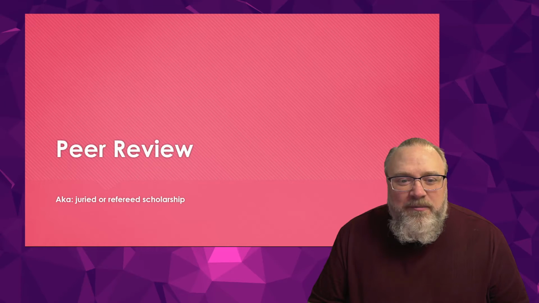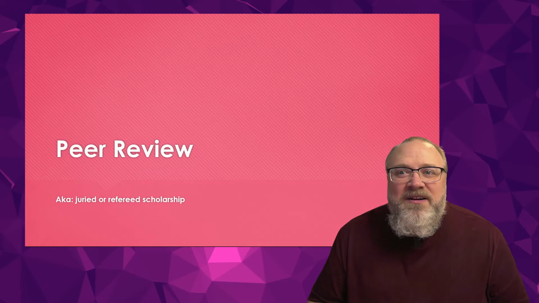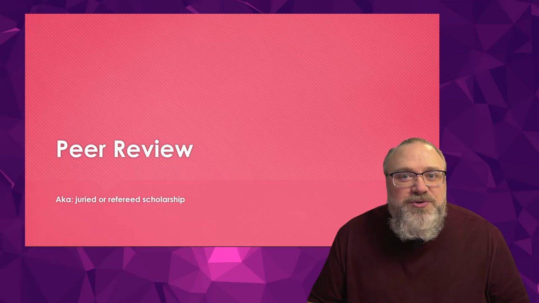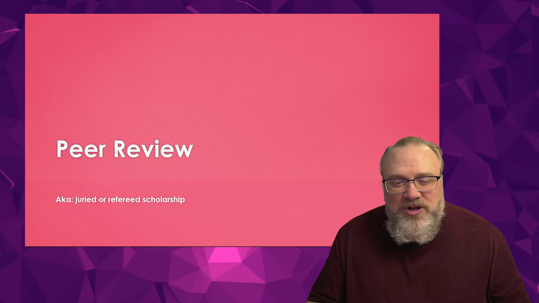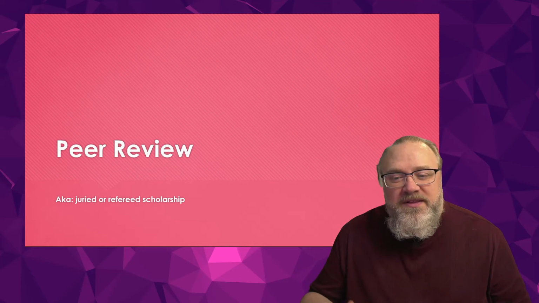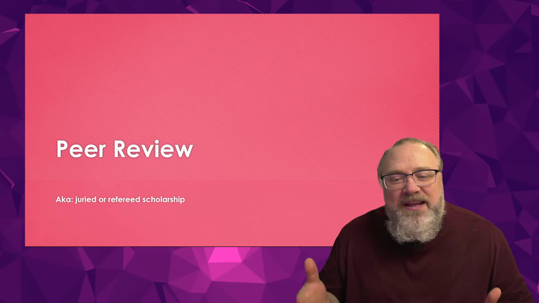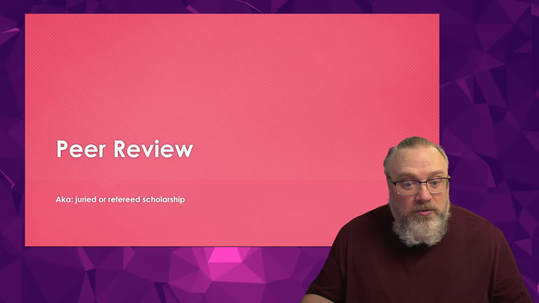They give them drafts of this article to read, and they go through it and they make sure that the data is collected using methods that are approved, that the conclusions that the person is making logically follow from the data that's there. They make sure that the content in the journal article matches what we know.